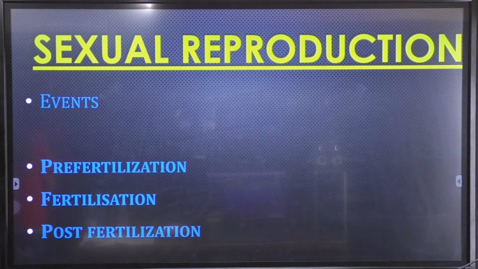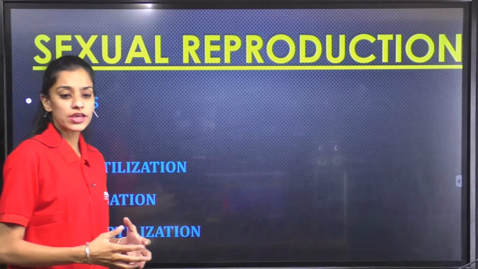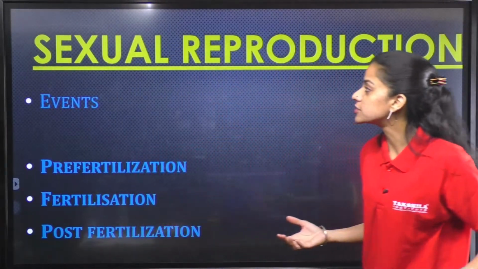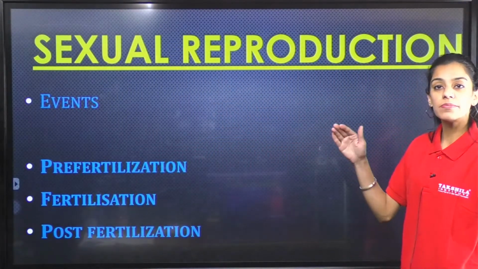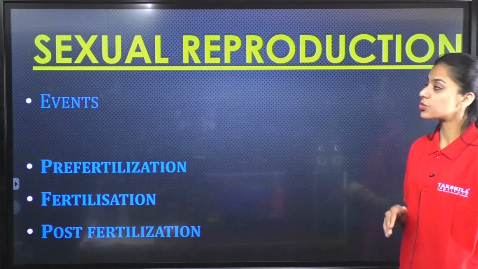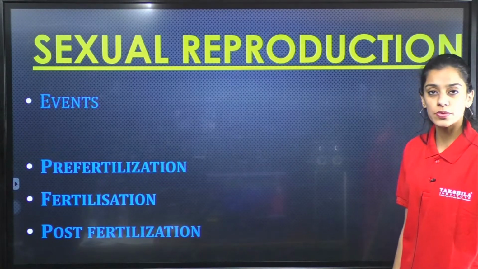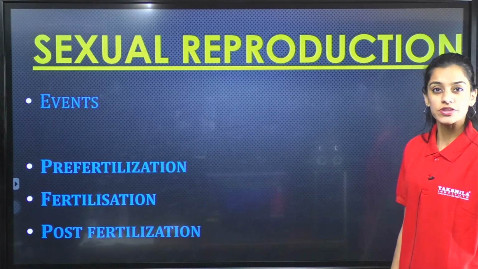So now there are various events that take place in a sexual mode of reproduction. There occur various events or various methods that take place one after the other. So what are these events we are going to discuss, as we have already discussed the sexual mode of reproduction in the previous class.